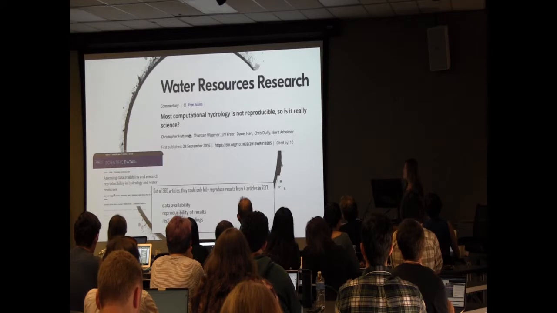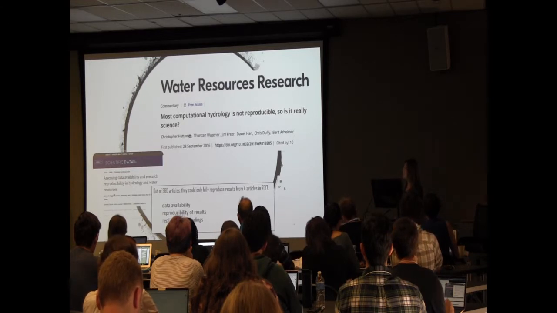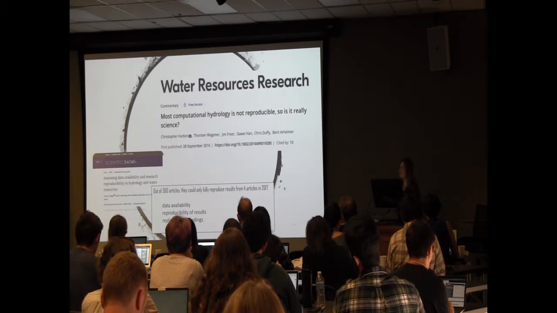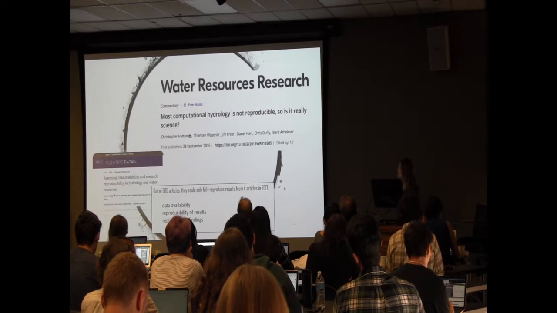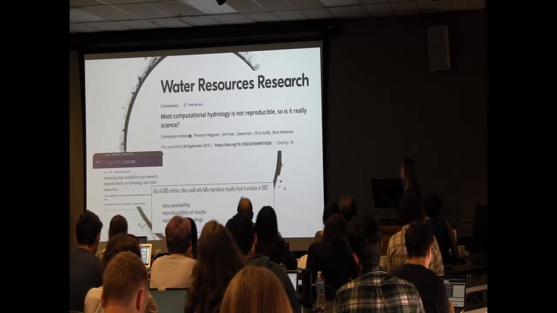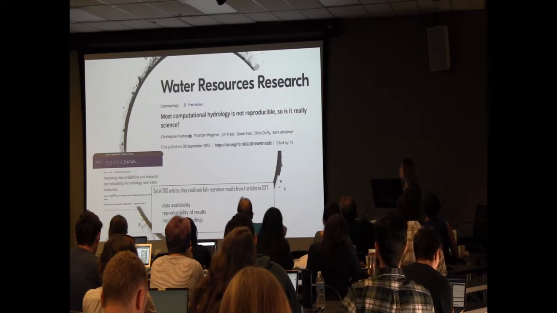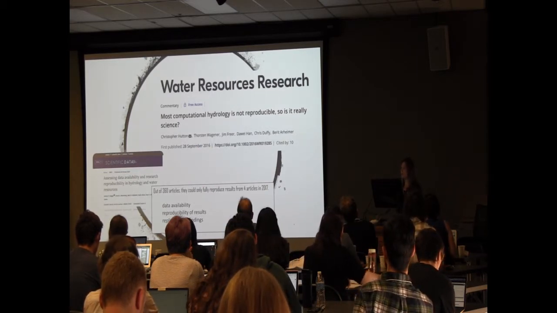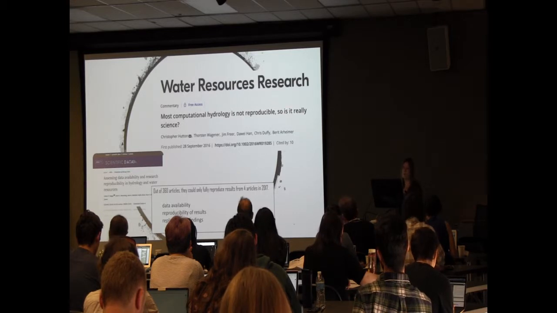And so they ranked the reproducibility of these papers as having data availability, that was one level, and then being able to reproduce the results, and then the gold medal would be if the results could be not only reproducible but replicable in another environment and for other data sets.